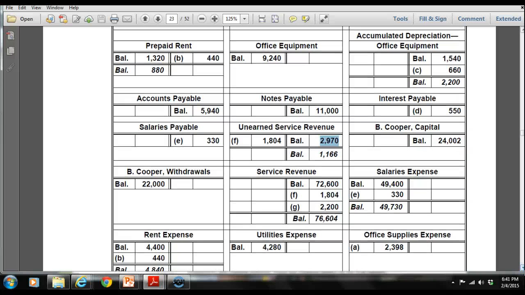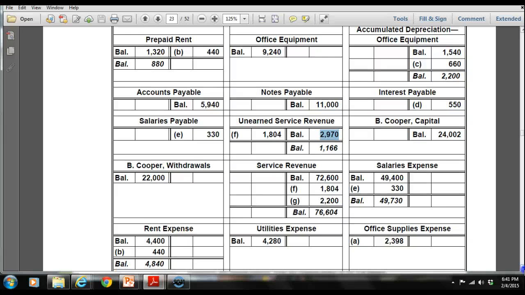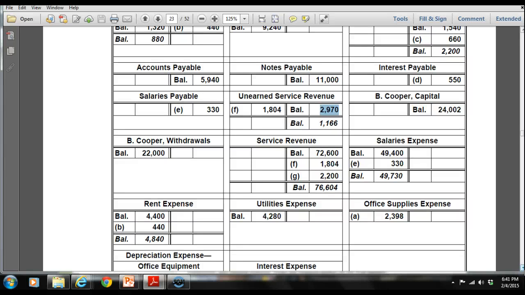After that, you'll see something called service revenue, and it has a credit balance on your trial balance of $72,600. Then you're going to see an account called salaries expense of $49,400. Just put that amount in. That's all I want you to put.